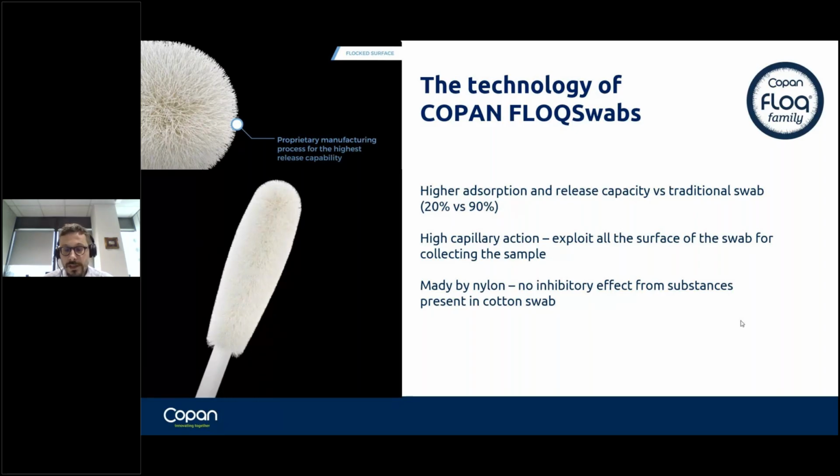Also, the way the flock technology is manufactured allows it to exploit the capillary action between the different fibers.